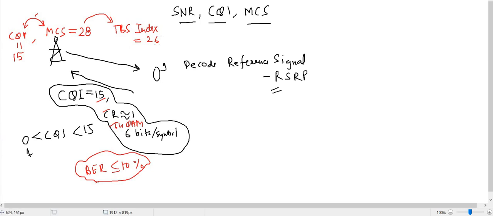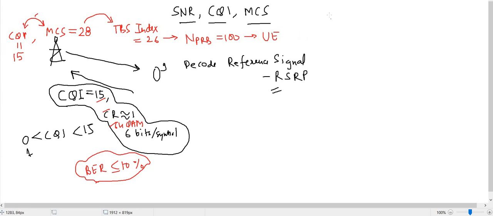So transport block size index 26. Suppose only one UE is present. In that case all the PRBs, that is 100 PRBs, will be allocated to my UE.